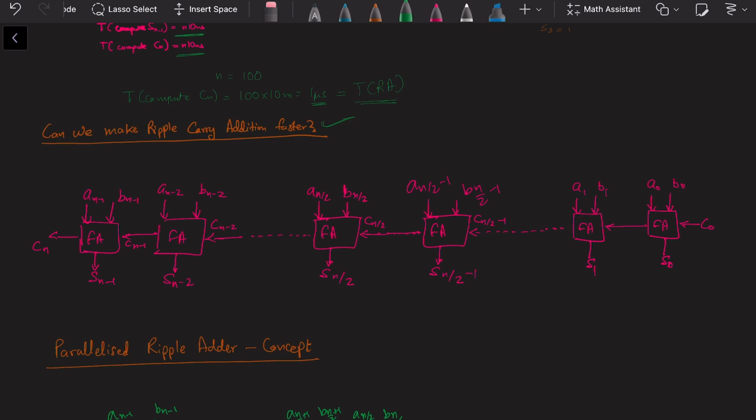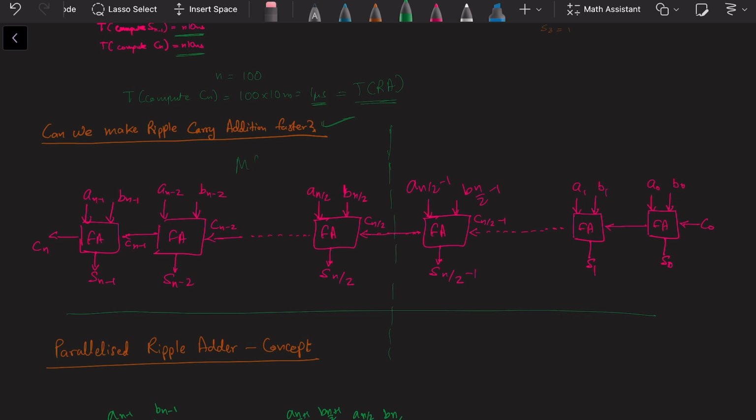Let's start with a naive, fantasy-based approach of wanting to parallelize this adder right here. Let's say I want to divide my entire ripple adder into 2 parts, and I want these 2 parts to work in parallel.